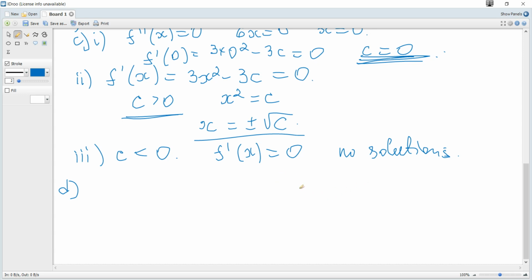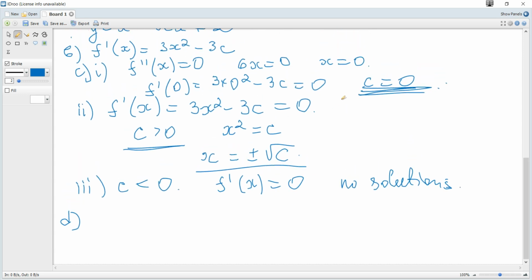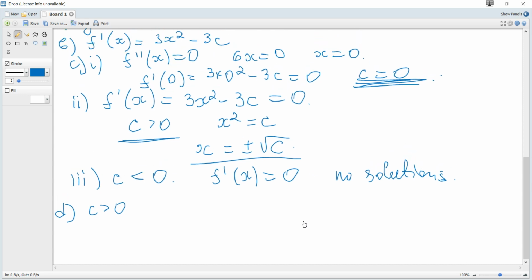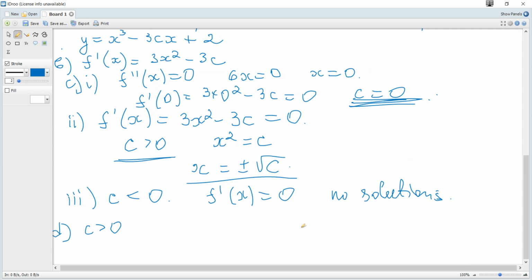So we need maximum and minimum points, and we can see that when c is greater than 0, x is plus minus root c, these are stationary points, and hence these are maximum and minimum. How to find out which point is maximum and which is minimum?